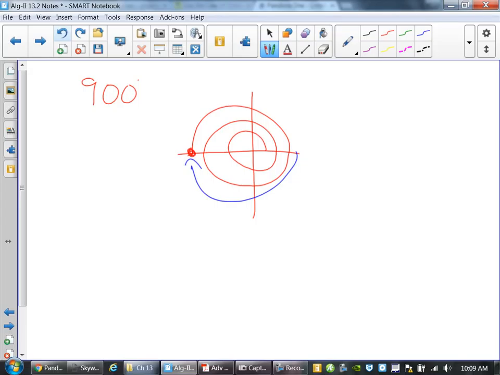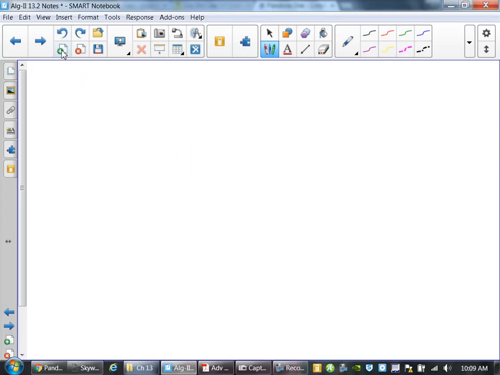Now, if you start within one revolution, like 150, that's already within one revolution, so I need to find the positive and the negative. So basically, if you have a big number that's more than one revolution, you just keep subtracting 360? Yep. That's all it is.